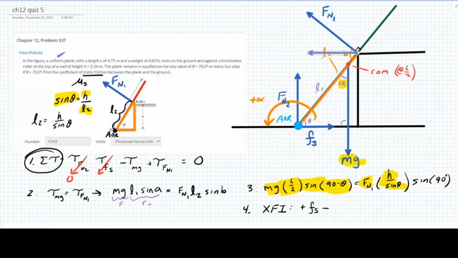That's Fn1x. This is Fn1y. Getting quite the trig workout in geometry. So this is Fn1x, and this is Fn1y.